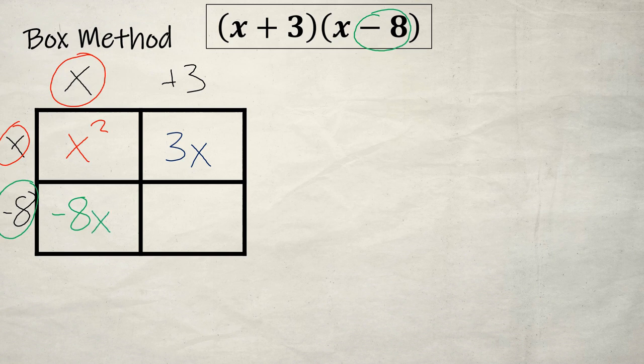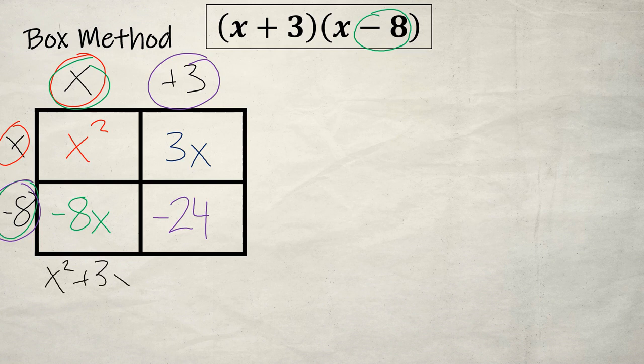And then I'm looking at, that was those two terms. And then if I look at negative 8 times positive 3, that gives me negative 24. So now I'm going to write all that out. So I get x squared plus 3x minus 8x minus 24. I'm going to combine like terms.